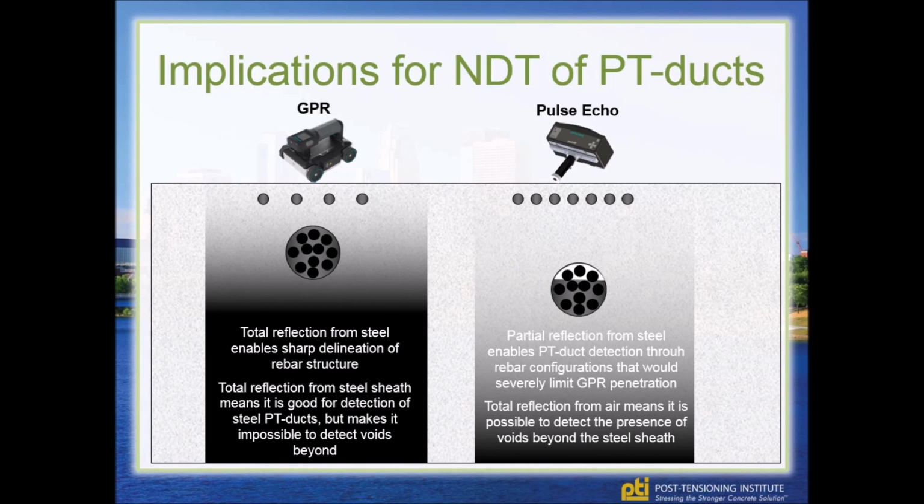I'm trying to think what that is in feet. I think it's about 2.5 feet, something like this. With pulse echo, you're talking about down to 1 meter depth easily. And because we get a total reflection from air, we can actually detect the presence of voids beyond the steel sheath.